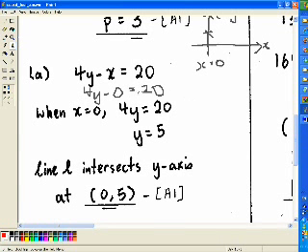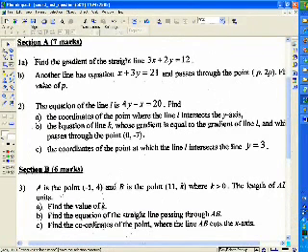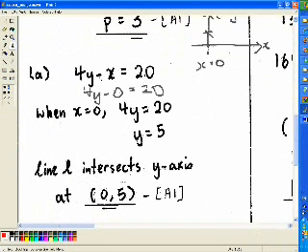Since 4y minus 0 equals 20, 4y equals 20, y equals 5. But that's not all. The question asks for the coordinates. Coordinates means it's in the form of bracket, a number, comma, followed by another number and a bracket. Since we know that x is equal to 0, and we found out that y is equal to 5, therefore the coordinate is (0, 5).